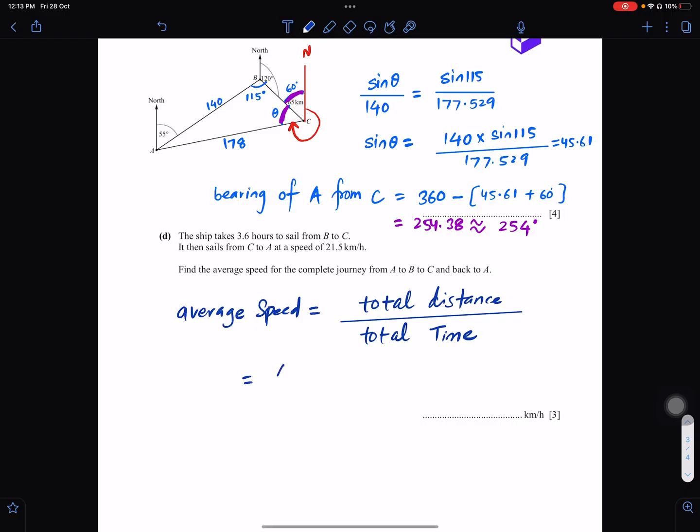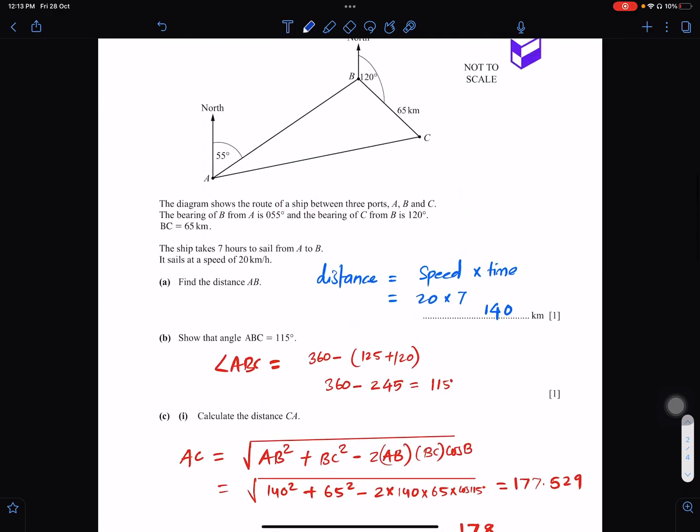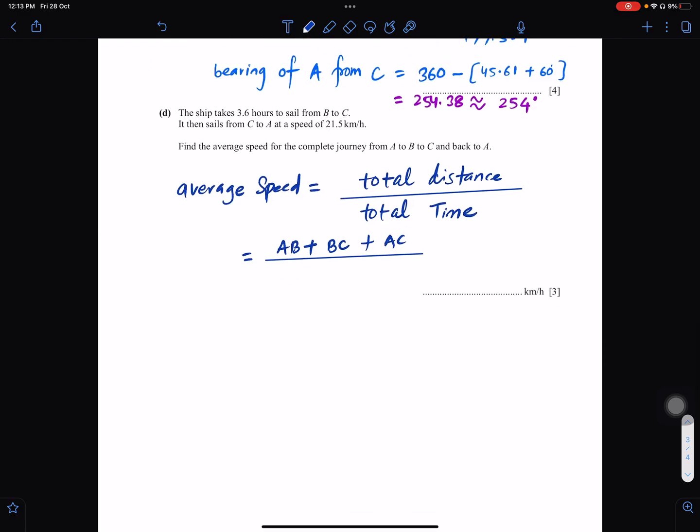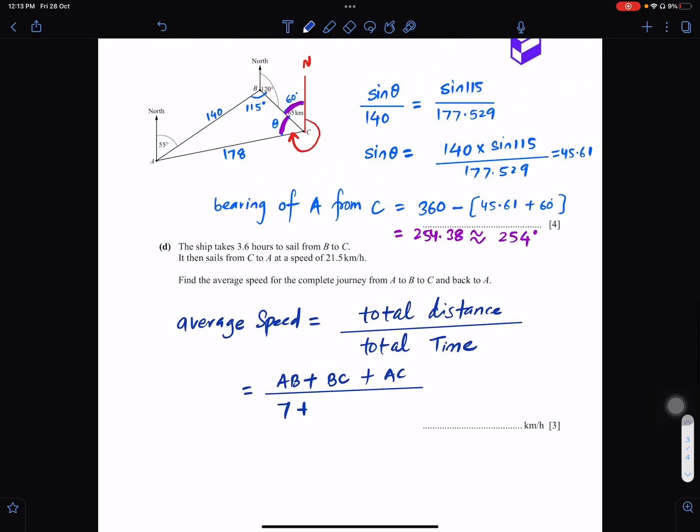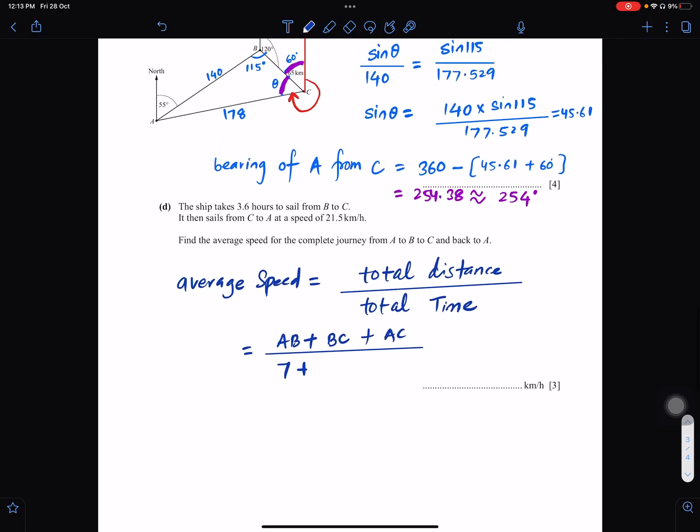So total distance is basically the distance of AB, which we know, the distance of BC, which we know, and the distance of AC, which we also know, upon the total time taken. The time taken from A to B that was given earlier in the question, that was basically 7 hours, plus the total time taken to cover BC is 3.6 hours.